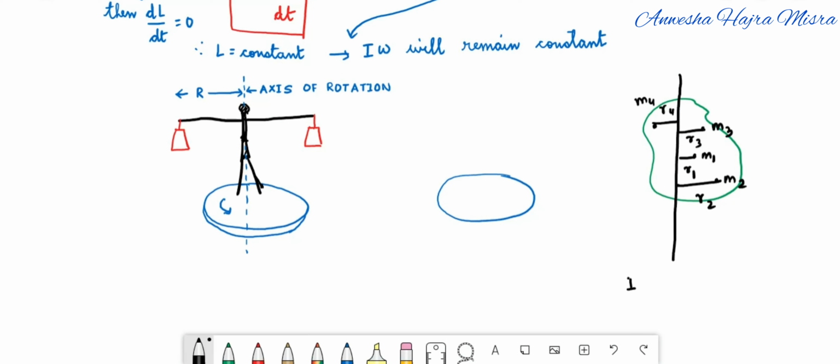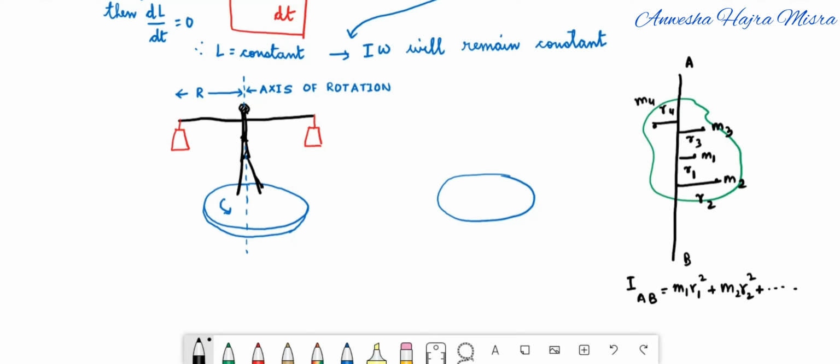Moment of inertia of this body about this axis AB, I_AB, was M1R1 square plus M2R2 square and so on. This was moment of inertia.